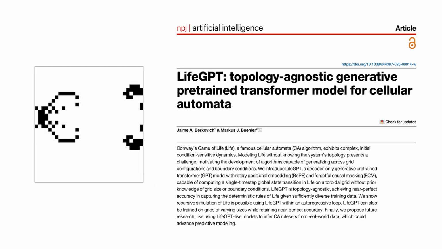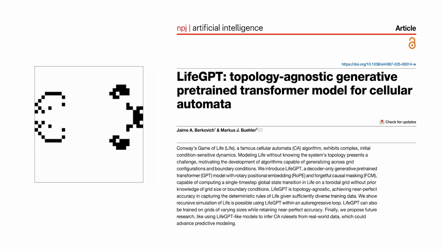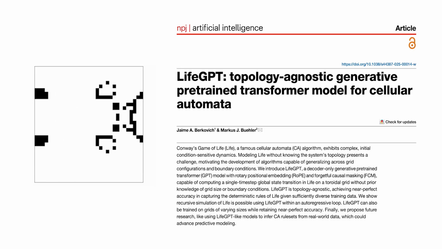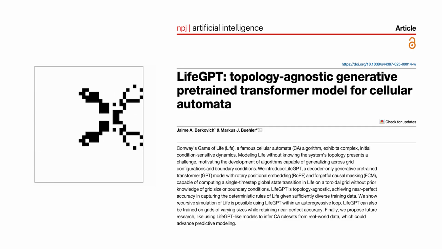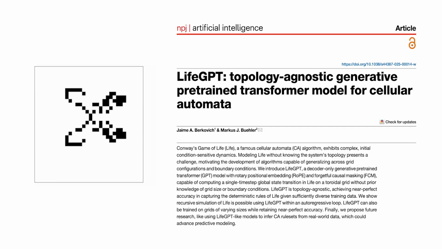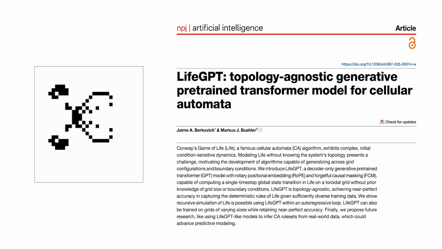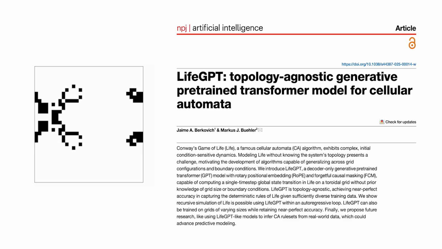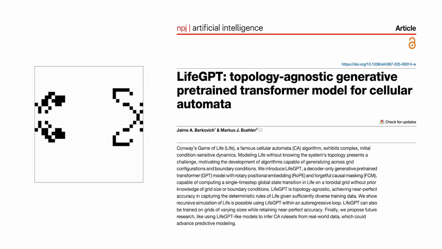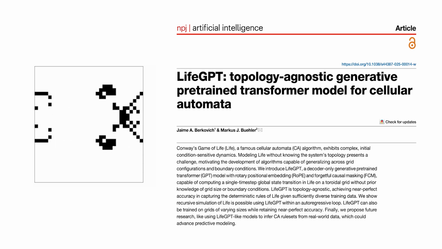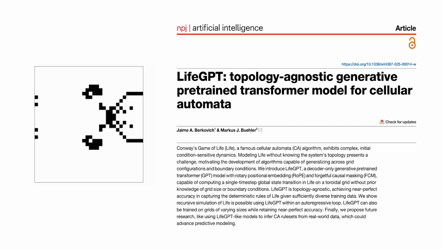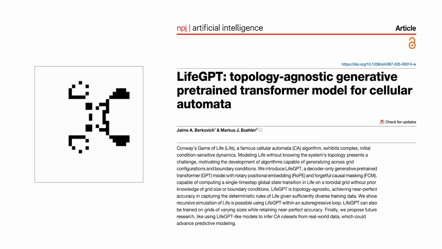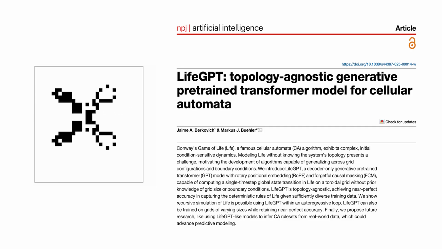We should take a moment to be clear about the limits noted in the study. First, while the model is described as topology-agnostic, the experiment centered on small square toroidal grids, 2, 4, 8, 16, and 32 per side for training and testing in different runs. The claim is strongly suggested by the results, but not proven across arbitrary shapes, large sizes, or higher dimensions. Second, the rules tested are just the binary Game of Life.